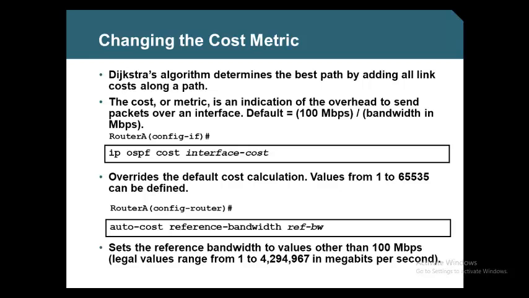And if you don't set the cost, it will auto calculate the cost using bandwidth. Most of the people who know OSPF focus only on the auto cost, and not on the cost that we can give manually.